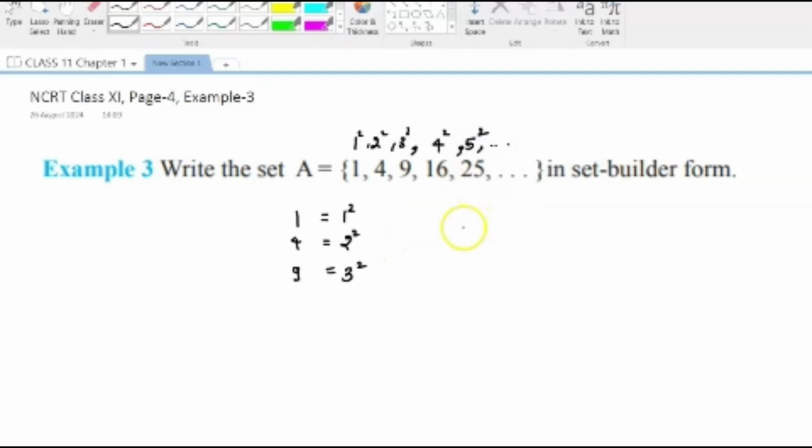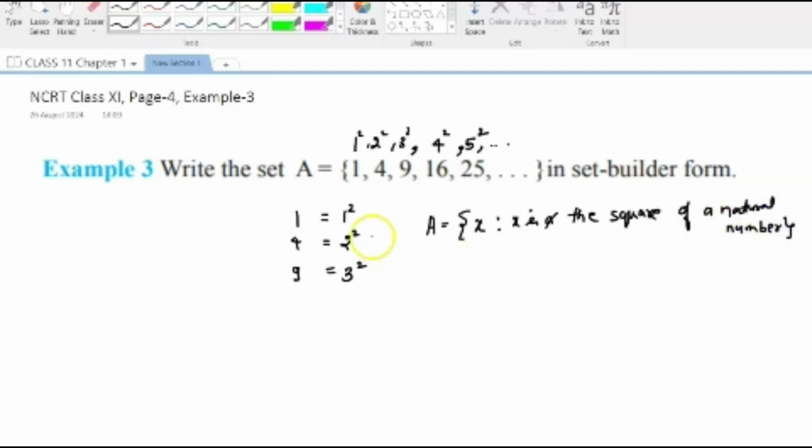So to write it in the set builder form, how will we write it? We'll write A is equal to {x such that x is the square of a natural number}, right?